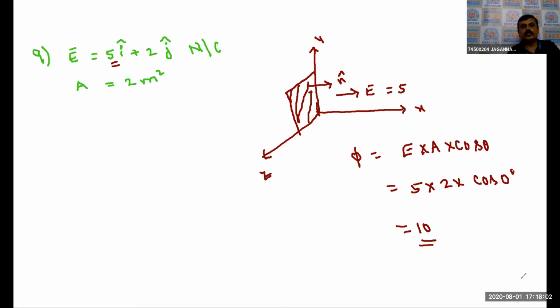I'm going to the next question. Question number 10. The inward and outward electric flux for a closed surface in units of Newton meter square per coulomb are respectively 8 into 10 power of 3 and 4 into 10 power of 3.